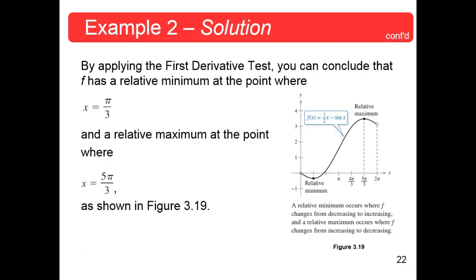So by applying the first derivative test, you can conclude that f has a relative minimum at the point x equals pi thirds. Yeah, we determined that. And a relative maximum at the point x equals 5/3 pi. Now, all it said is find them.